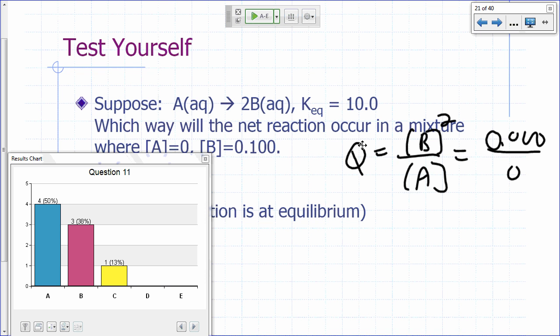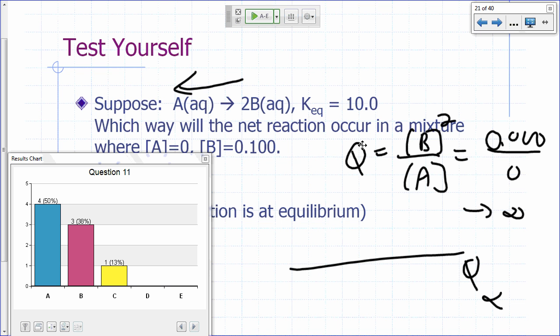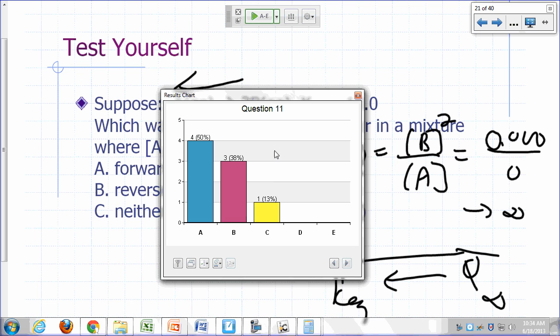Divide by a smaller number, you make Q very big, right? In fact, this approaches infinity. So the only way for the reaction to go is to the left. Q is very large, over here at infinity, and KEQ is down here at 10. Okay, so the correct answer is reverse.